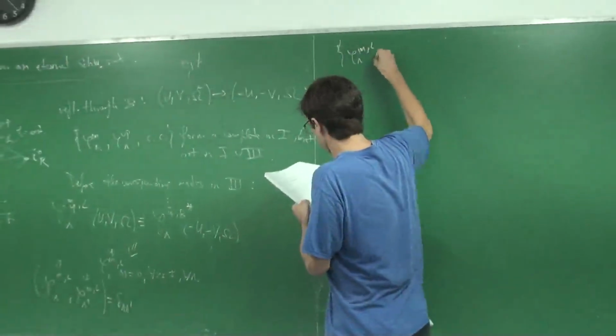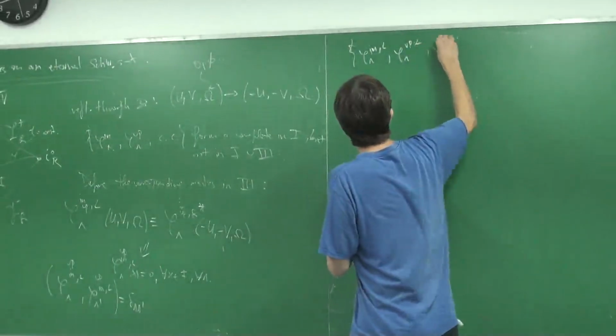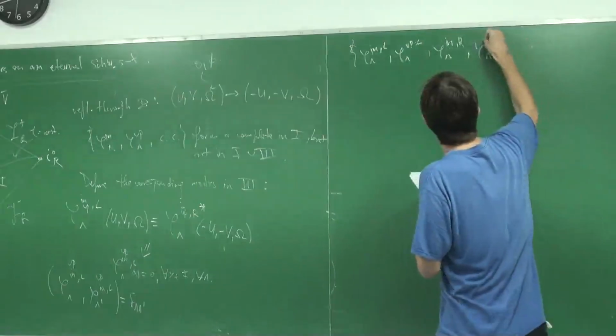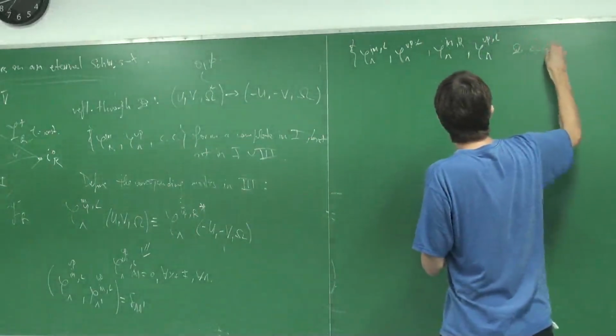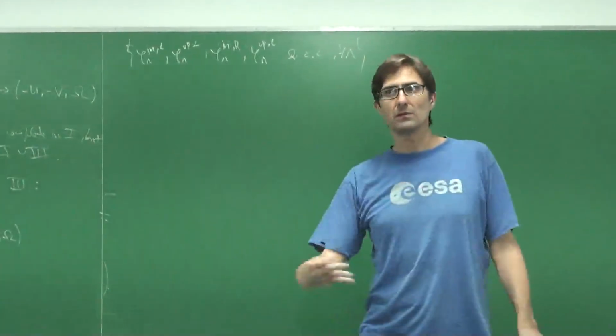So phi in left, up left, in right, up right, and complex conjugates, and you have to go over all the indices.